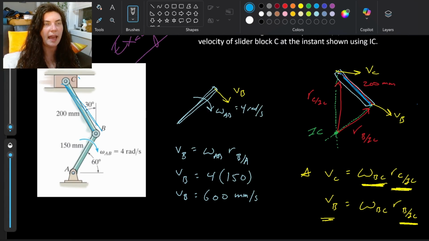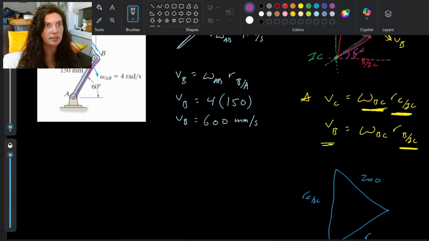And now I also know some angles in this triangular relationship, right? I'm really going to run out of room on this diagram, but I'm going to try to draw in some of these angles for you to see. If this is our horizon here, this line that is perpendicular to VB is actually exactly the same line as AB. So we know this angle that R of B with respect to IC is making with the horizontal is 60 degrees.